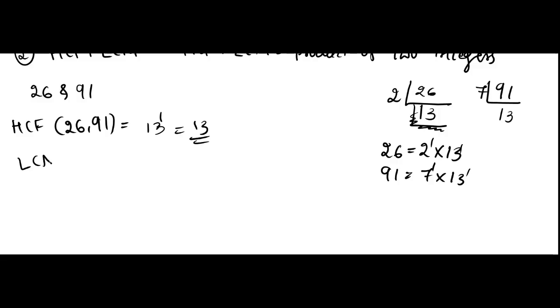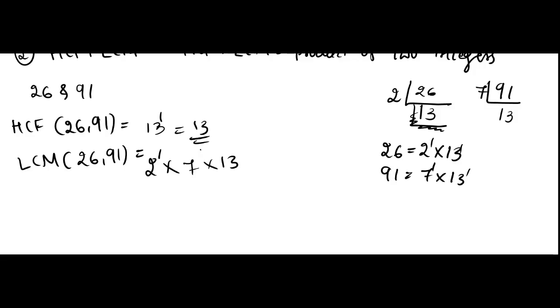And the LCM, least common multiple of 26 and 91, what is that? The product of the greatest power of each prime. Here we should not take only the common ones. Whatever primes are there, we have to write: 2, 7, 13, with the highest power, which is nothing but 1 only.